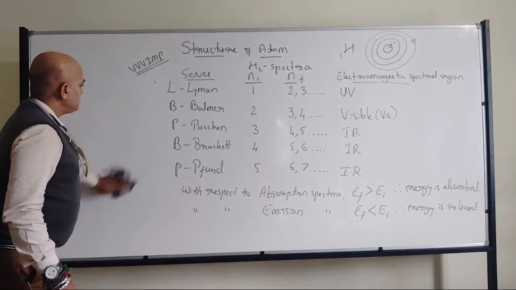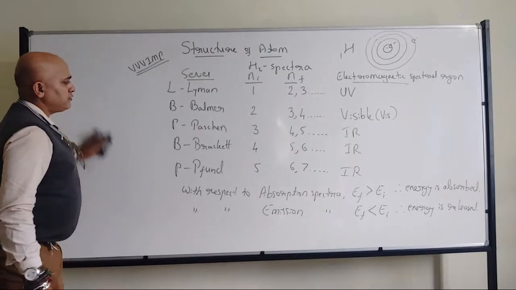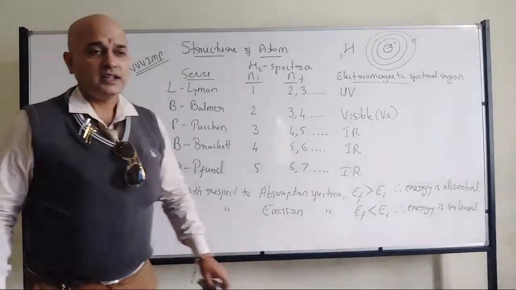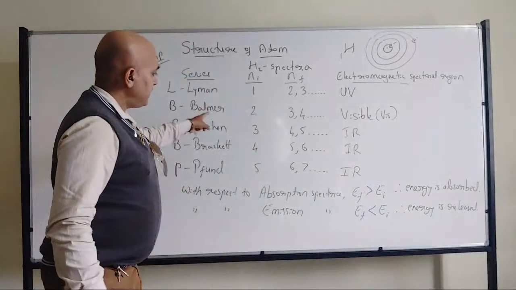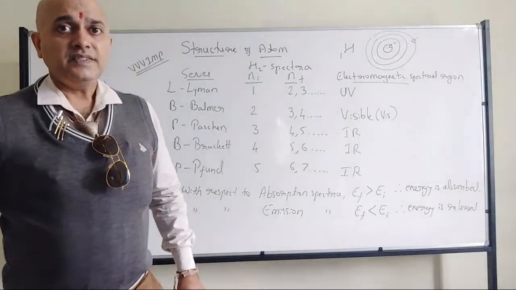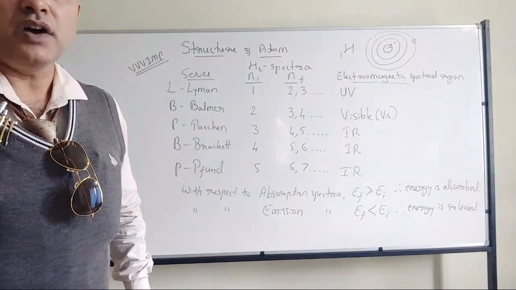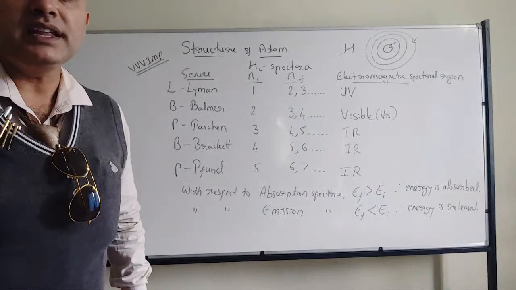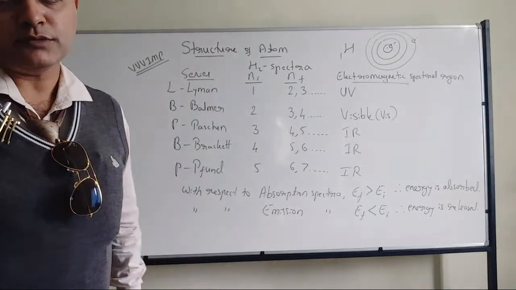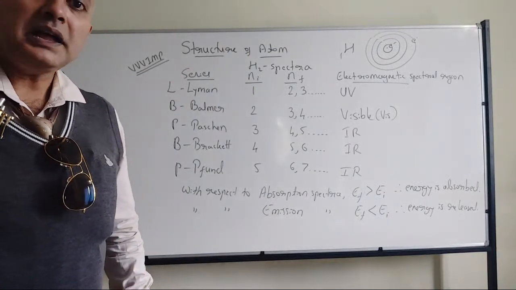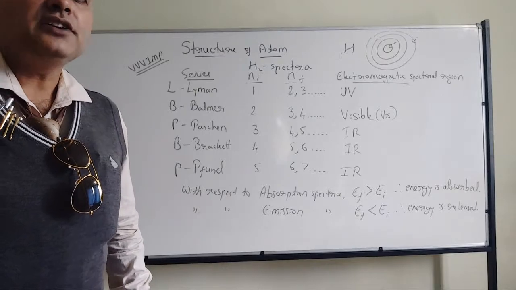All of you have understood? That's where you are going to get complete marks: equation, table and this sentence. You will get complete marks for hydrogen spectra. And in the equation, any one equation is more than enough. Any doubts in this?